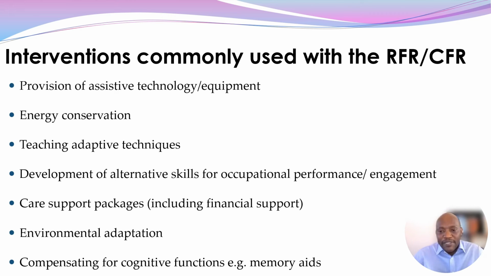Maybe we're working with somebody who has a progressive condition and is receiving palliative care, and we're looking into that. Environmental adaptation or home modifications, for example. We're also using compensatory strategies for cognitive functions like memory aids and cue cards, all those strategies to help with occupational engagement and quality of life.